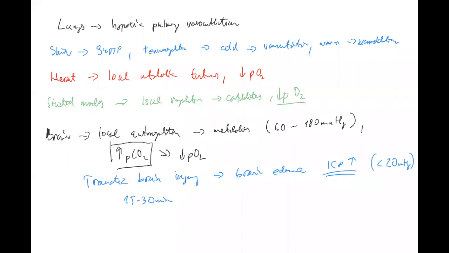Not arbitrarily, but when you see that the intracranial pressure goes up, you can hyperventilate the patient for 15 to 30 minutes. Your goal is to have hypocapnia, so a partial pressure of arterial CO2 somewhere between 30 and 35 millimeters of mercury. And what this does is it causes vasoconstriction.